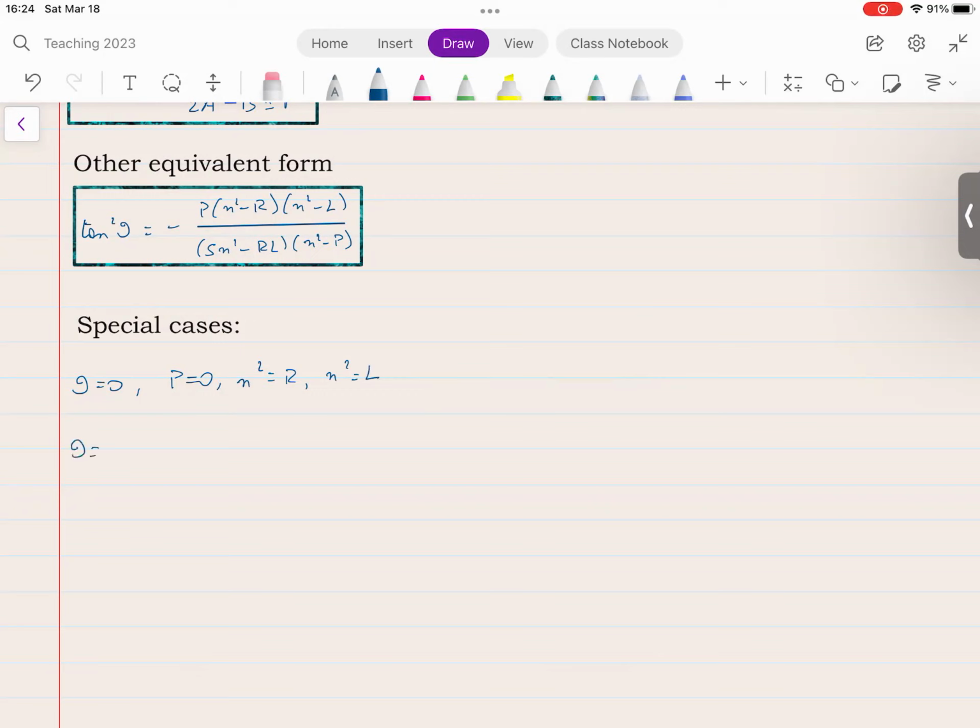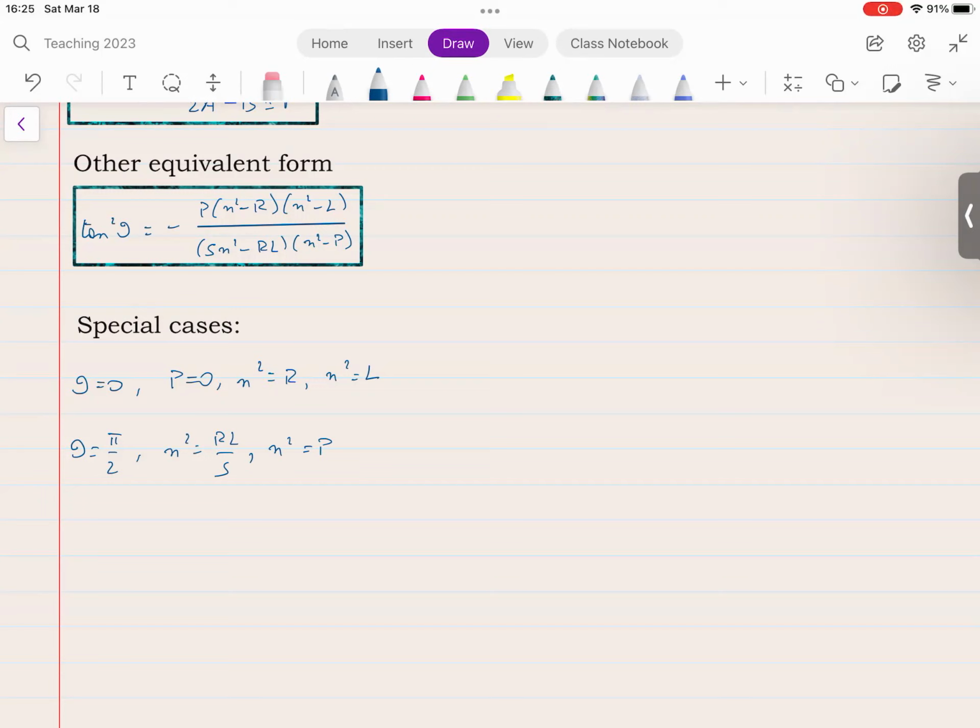And the other obvious limiting case is theta equal pi over 2, where n square is equal to RL over S, or n square is equal to P. I hope it's clear what I've done.